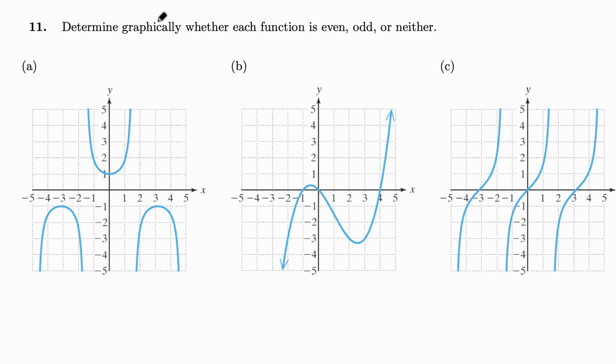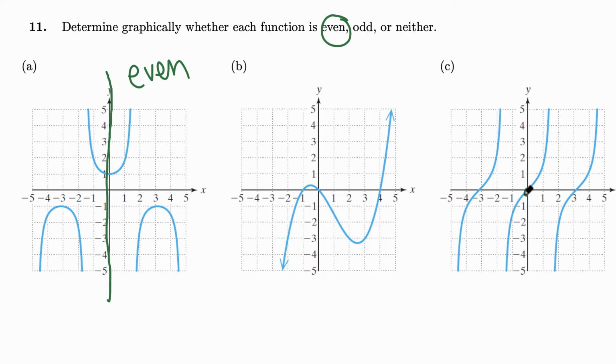Now determine graphically whether each function is even, odd, or neither. Even means y-axis symmetry. Look at here, this is y-axis, so this side and this side, they are same, so this is even, because this function has y-axis symmetry. And odd means origin symmetry, like this.